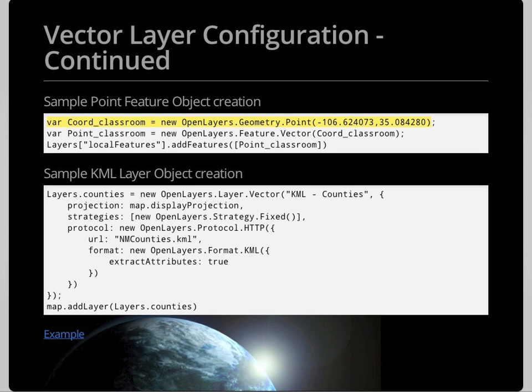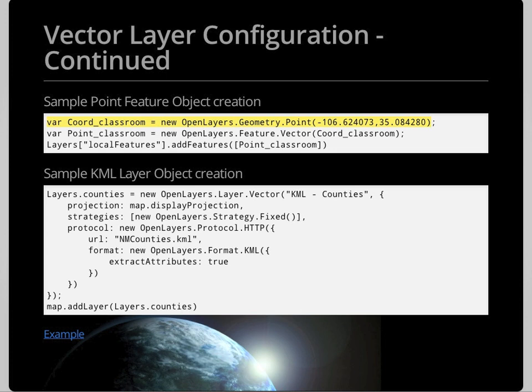One important thing to keep in mind is that in contrast to our work with Google Maps, the order of the points that you provide here is in the order of XY, or longitude then latitude if you're working in geographic coordinates.